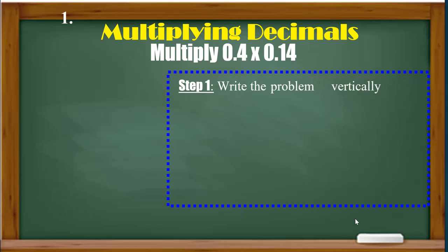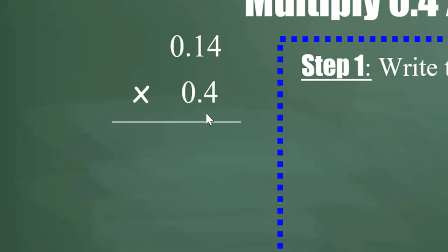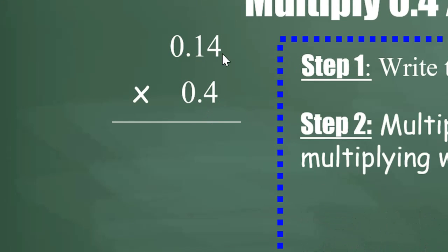Let us have another. Multiply 4 tenths by 14 hundredths. So let us multiply just like multiplying whole numbers. 4 times 4 is equal to 16. Carry 1.